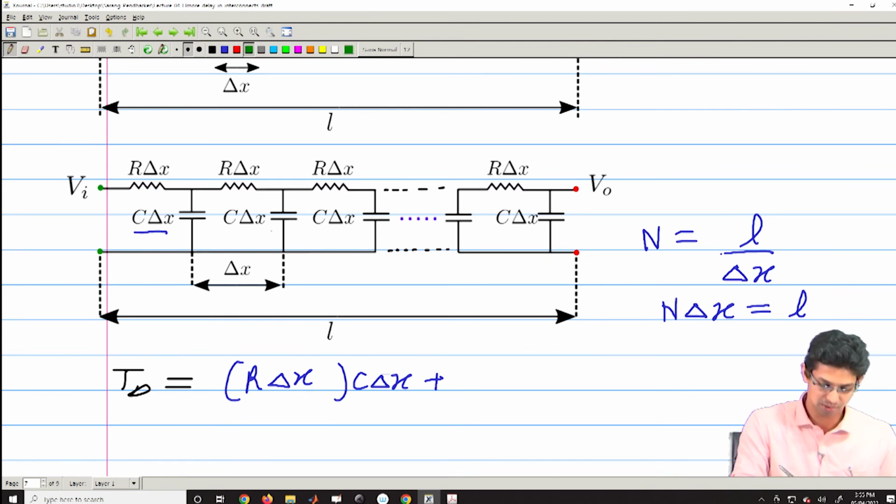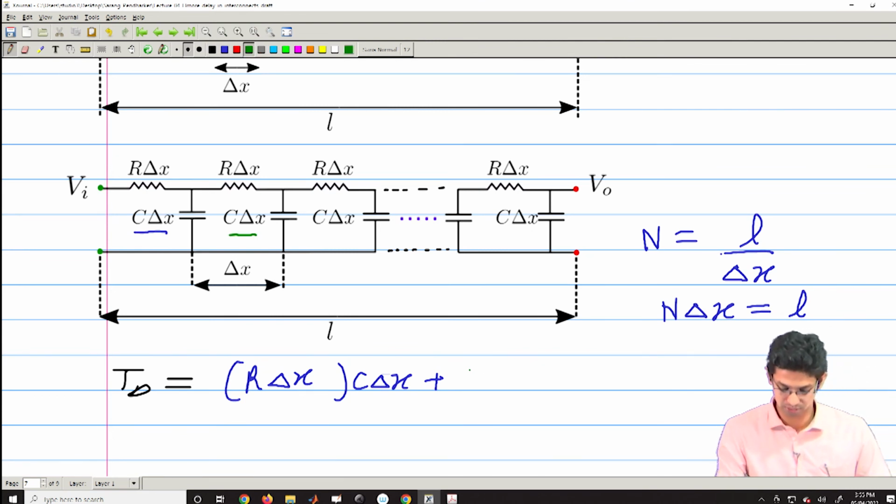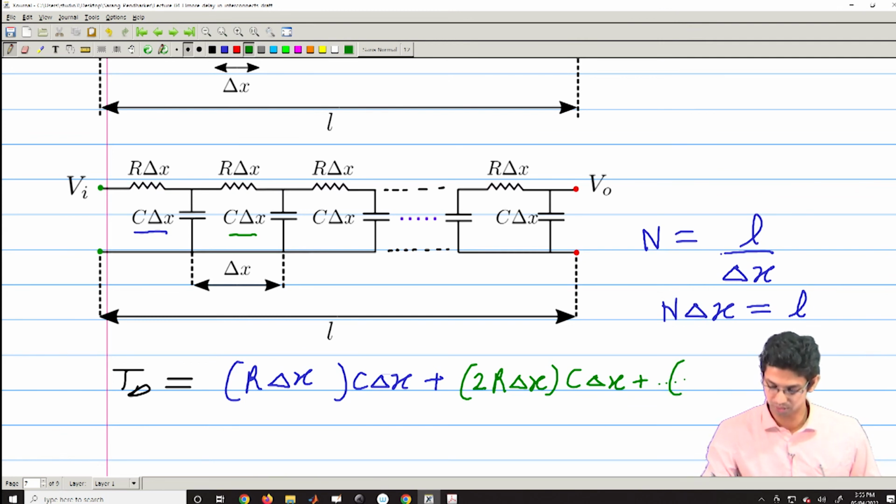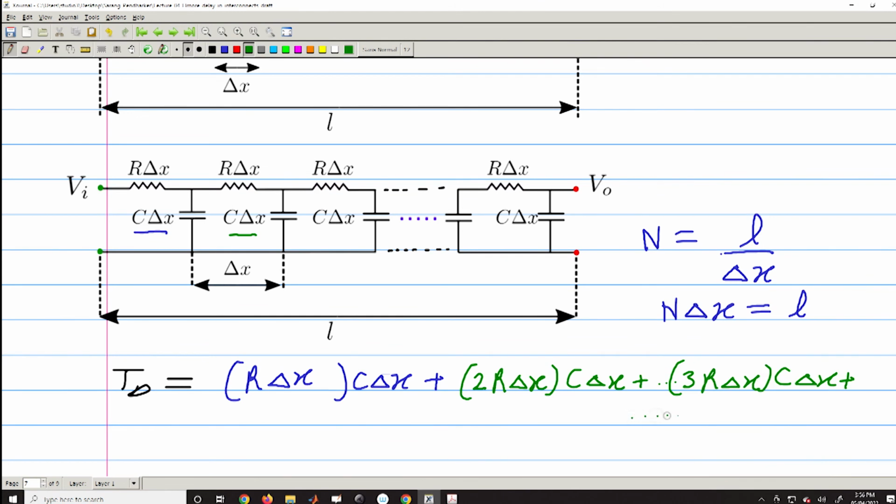Then I have the second one. So, this is 2 into R. This is a uniform interconnect, so all these segments are identical. So, you will have 2 into R into delta x into C into delta x, and the third term would be 3 into R into delta x into C into delta x, plus this going on, finally going into n terms.